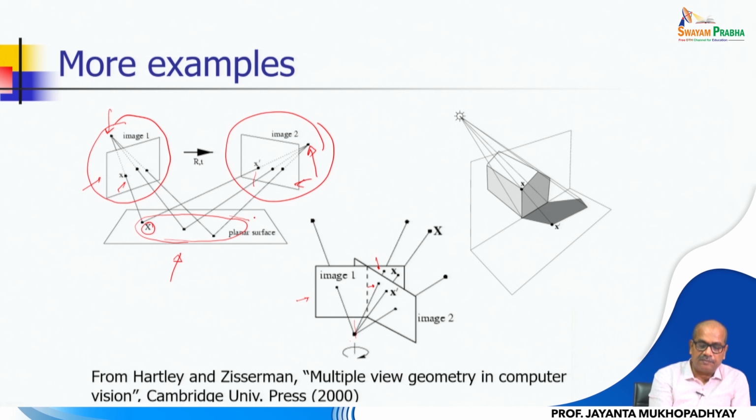So this also forms a projective transformation, because if there is any line in this space, all these points will be projected as a line, and this line will also be projected as a line. So the transformation between these two spaces is also a projective transformation, because lines get transformed into lines.